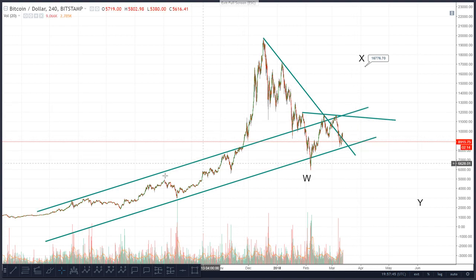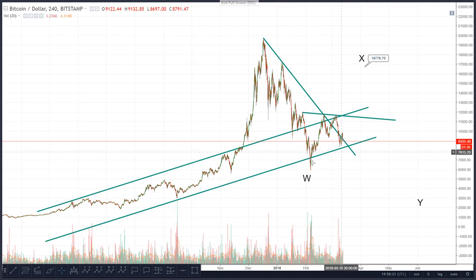And then we've got these parallel lines here that I explained in my last video. So Bitcoin had been channeling up until this $8,000 mark, and then it broke out in a parabolic fashion, shooting right up to $20,000. Basically, these channels I drew during my last video connect the highs, so this high and that high, and then I drew a parallel line connected to the lowest point in this channel, which was this point here.